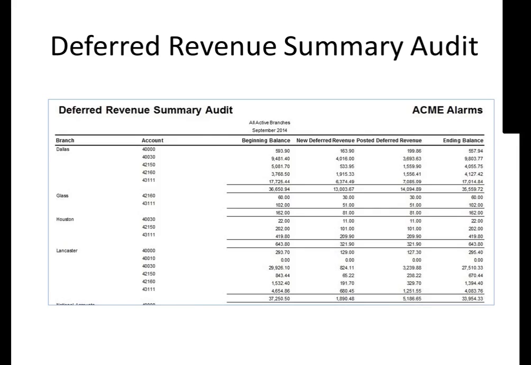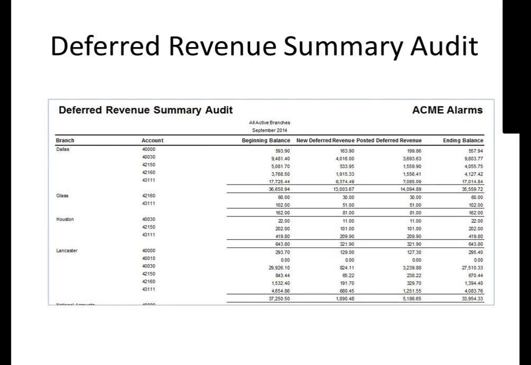And what this report's showing you is the beginning balance of your deferred revenue. You're always running this report for a specific accounting period. It will show you any new deferred revenue created within this period, which is typically done through cycle invoicing, although deferred revenue could be coming in when you create jobs and you create recurring on job invoices, or if you do miscellaneous.